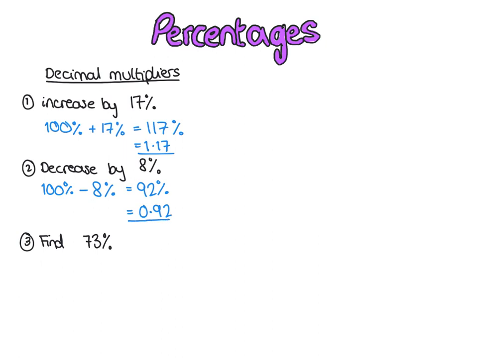The third option, and it's really important to distinguish between all three of these, is if you just wanted to find 73% of a number, the percentage we need is 73%, so we just convert that to a decimal multiplier. You need to be clear on the distinction between those three right at the start of this topic.